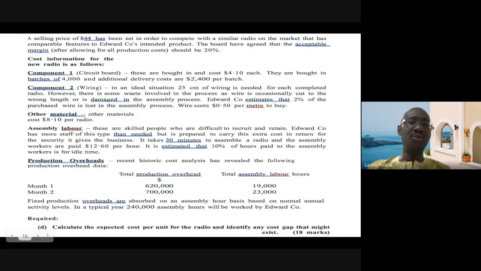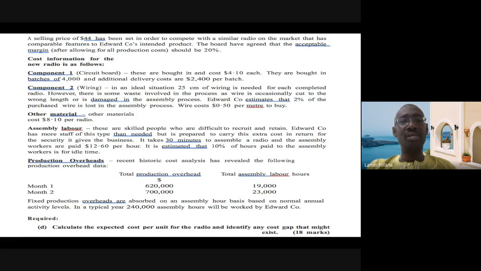So you look at the labor hours also. They are paid what? $12.60. That's expensive. So you could mention the quality of labor that is going to work on this radio: if staff who are less experienced, and of course will be paid less, can work on this production, then we might consider, for example, staff with a $10 per hour rate.